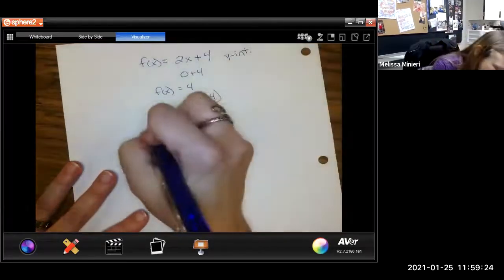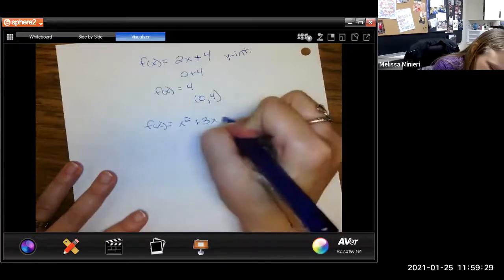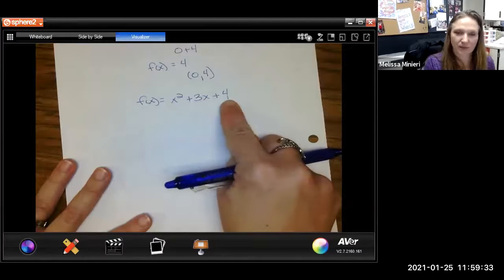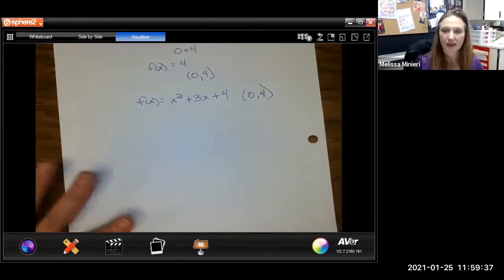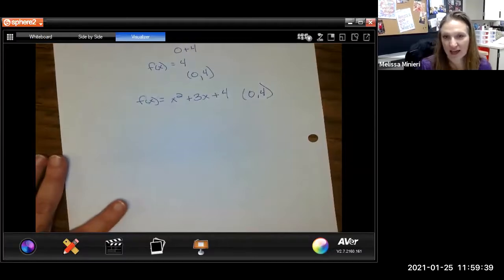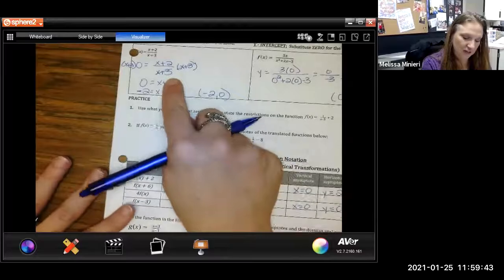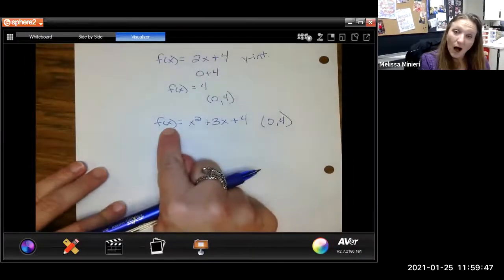Same if I had a quadratic function. I plug in 0 for x, I get the y-intercept of (0, 4). So you can always plug in 0 for the x's to find the y-intercept for any function. It's a good rule of thumb to remember. Same for the x-intercept. You can always plug in 0 for y to find the x-intercepts.